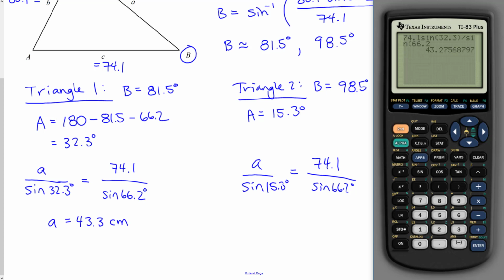And I believe that was still in centimeters. And then for the other triangle, we just do the same thing. I'm going to hit second and entry. The only thing that's changing is this angle measure, so to save me some typing, 15.3. So 21.4. So A equals 21.4 centimeters. So those are the two triangles that are possible.